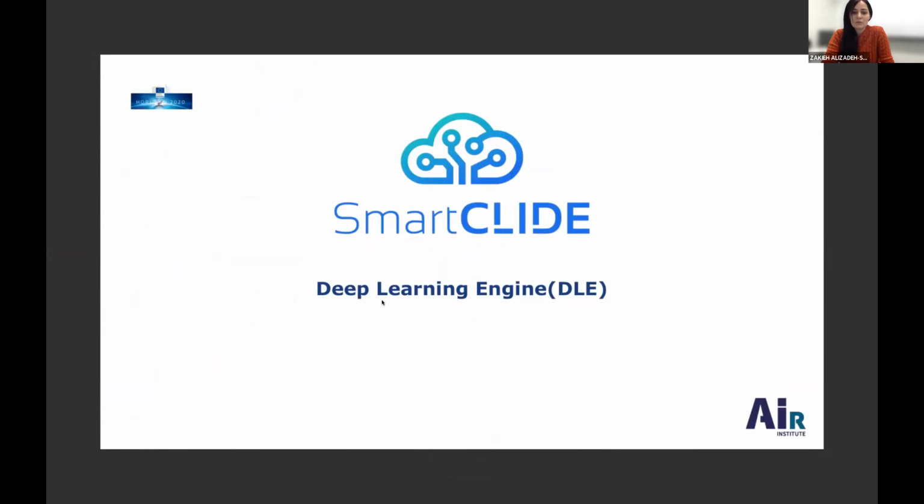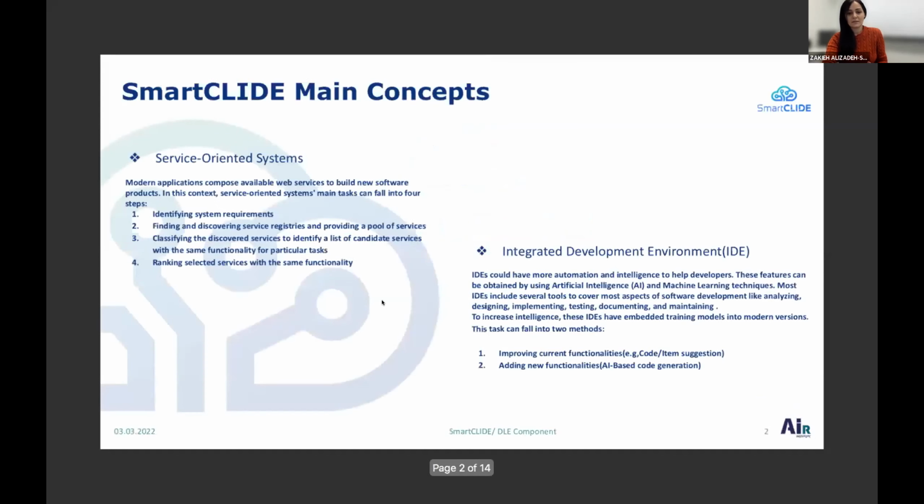So here I'm going to give a short overview about the deep learning engine, which is the component in SmartCLIDE IDE that provides some AI-based features for the developer to help them provide software more easily, correct their errors, and deliver their product faster.